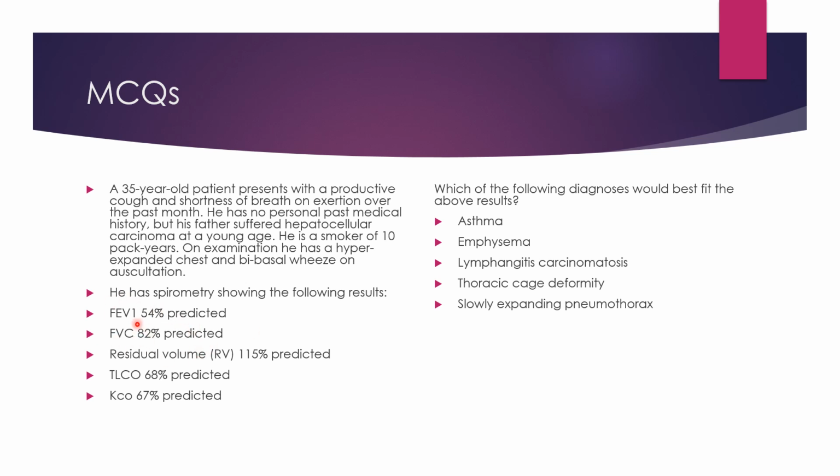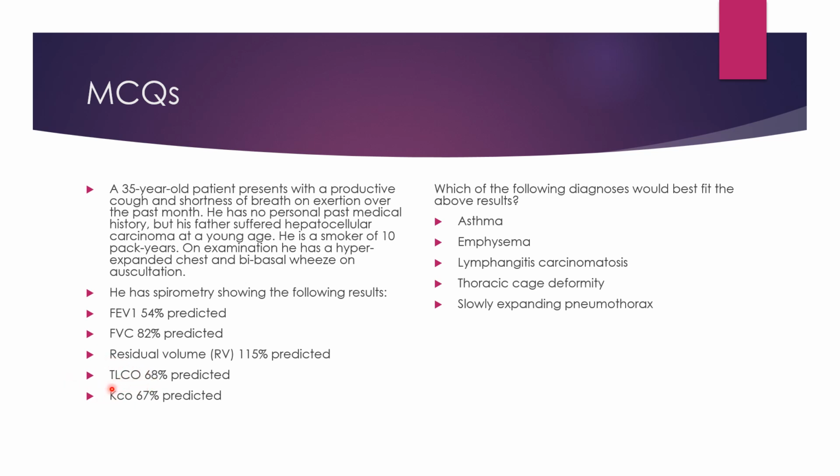FVC is 82%, which is reduced. Residual volume is preserved, which is 115% predicted, and the transfer factor is reduced, KCO is reduced. Don't confuse this with total lung capacity.